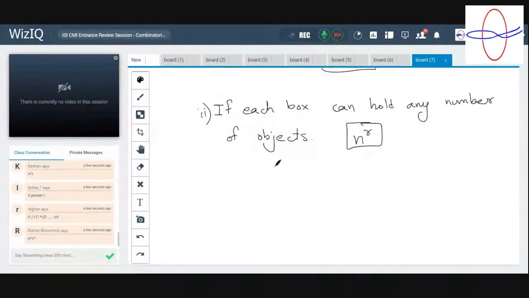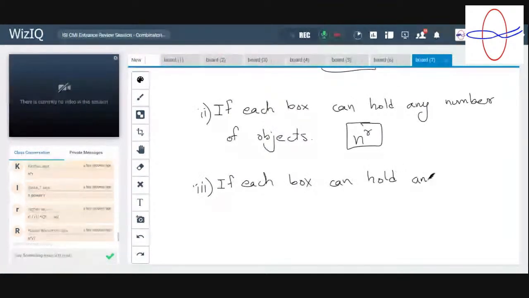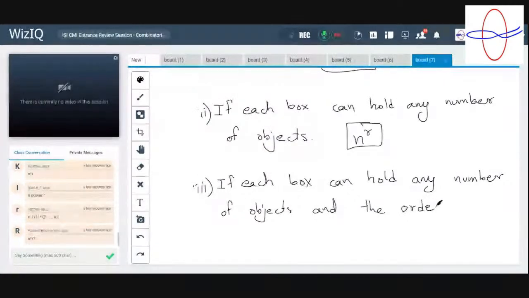And finally, subcase 3 arises when each box can hold any number of objects and the ordering in each box counts.